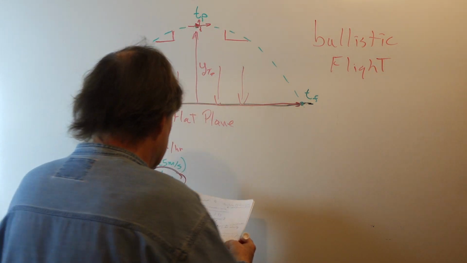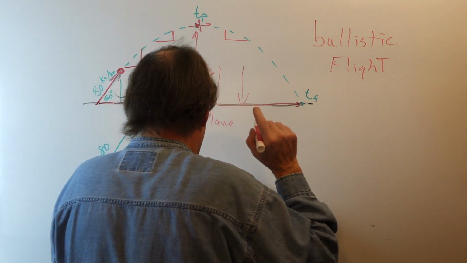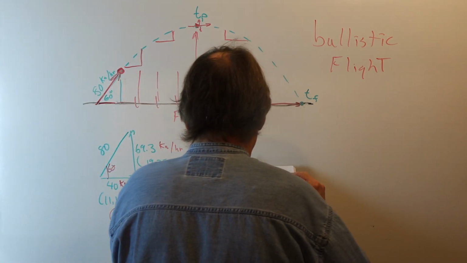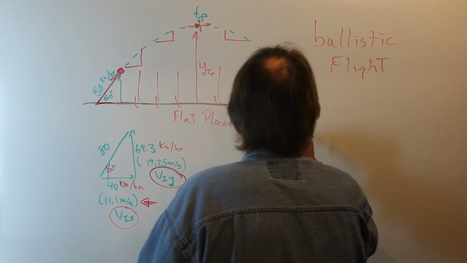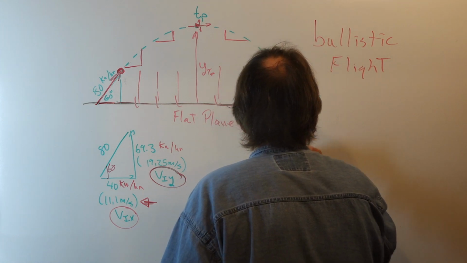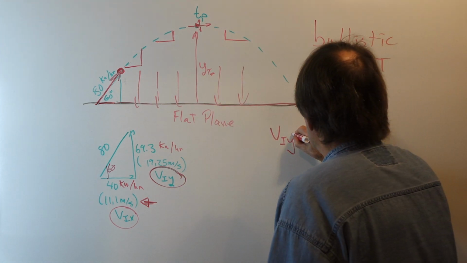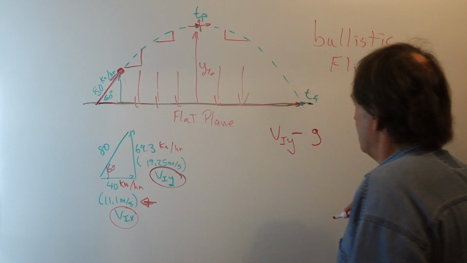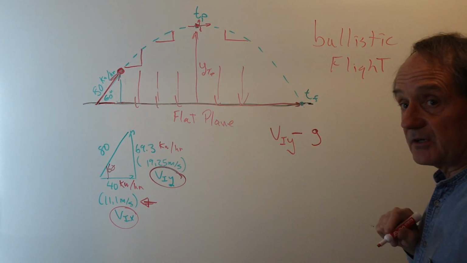So we set the equation for the time to reach maximum height: we take our initial velocity in the y direction and subtract off acceleration times time.